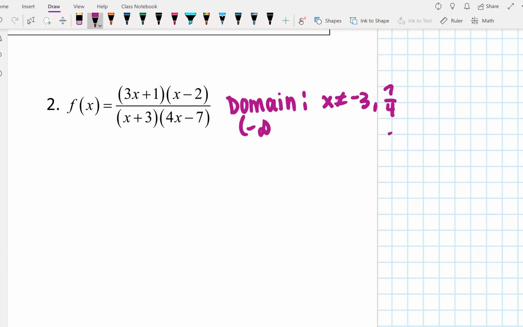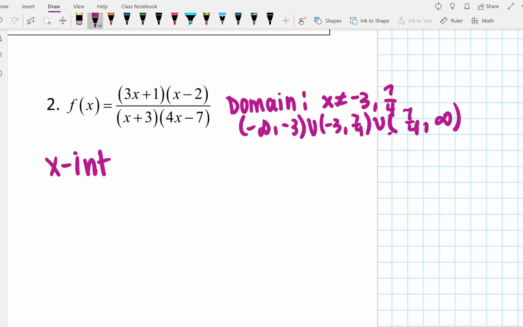So your domain is going to be split up into some chunks: negative infinity to negative 3, negative 3 to 7 over 4, union 7 over 4 to infinity. For rationals, it's pretty typical that the domain and range would look a lot like this, where it's split up.